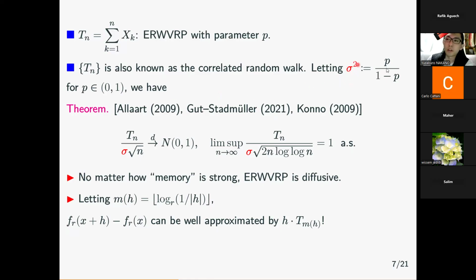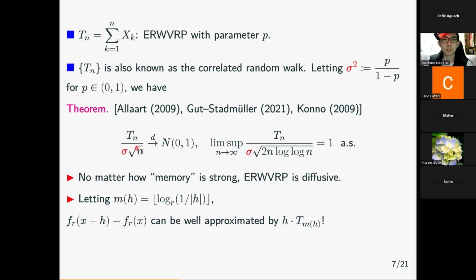Letting sigma squared equal p over 1 minus p, where p is between 0 and 1, we have the limit theorems for Tn, the CLT and LIL.